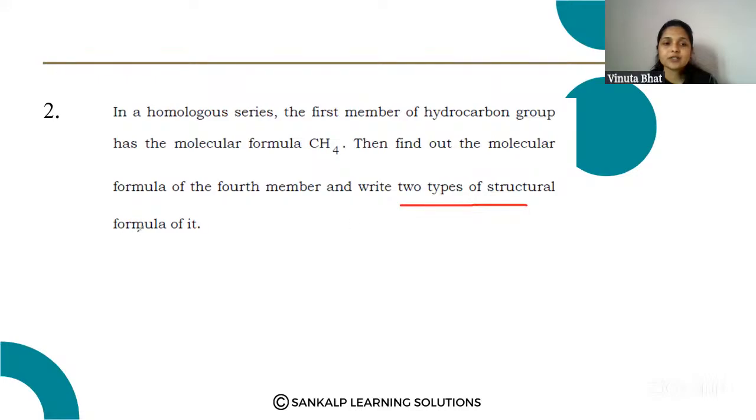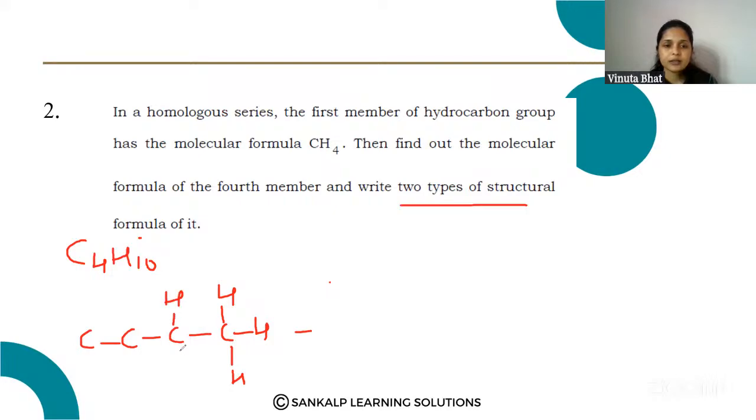The 2 types of structural formula: first, C4H10, 4 carbon atoms, and we fulfill the carbon valency by hydrogen. Total 10 hydrogens. C4H10. So this is one type of the structural formula of butane.